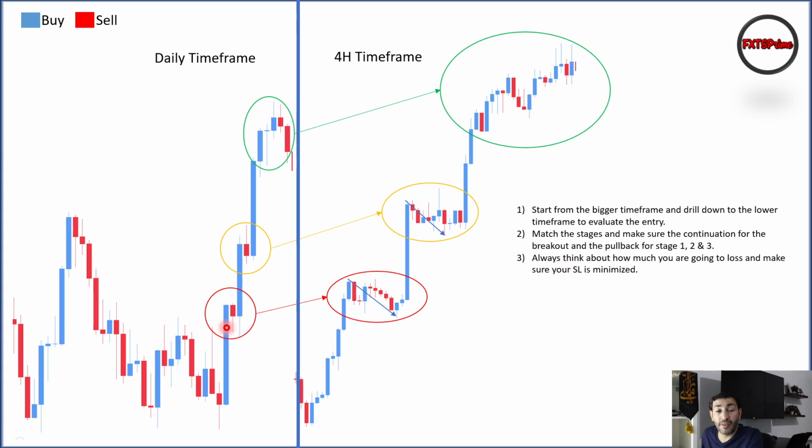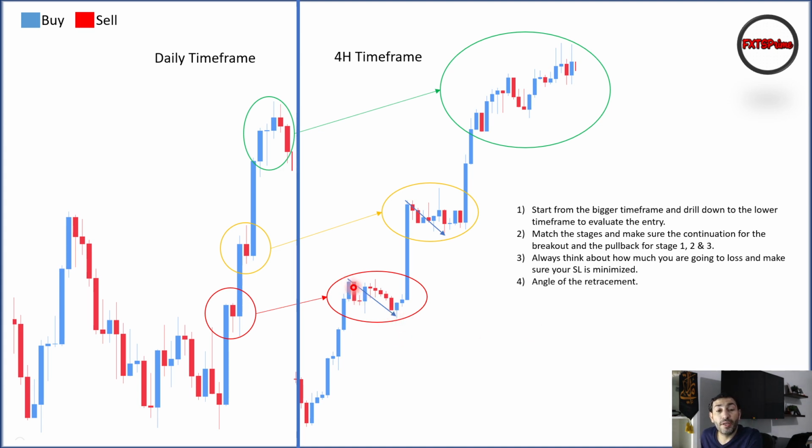If I compare these here and I want to place a buy order, with my stop loss under this long tail, I might end up with my stop loss in this area. However, if I drill down to the lower time frame, I can place my stop loss here, and in this way it will be a shorter, minimized stop loss. So this is another benefit of drilling down to the lower time frame.